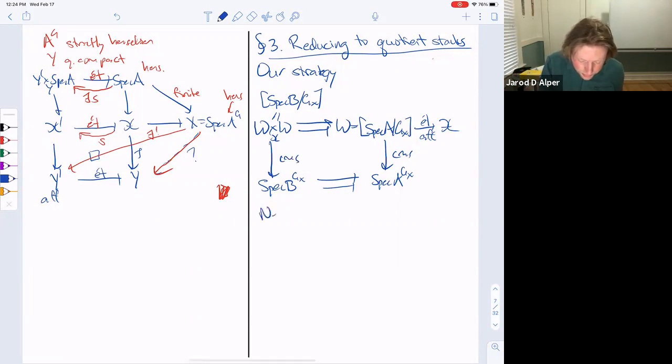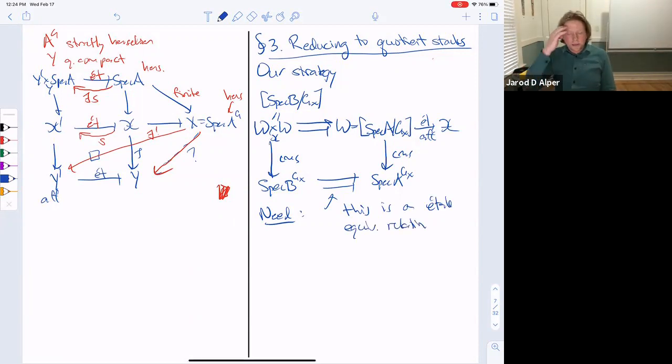And what we need to know is that this is an étale equivalence relation. Because once you do that, we can then take the quotient as an algebraic space and argue that that's the coarse moduli space for the stack X.